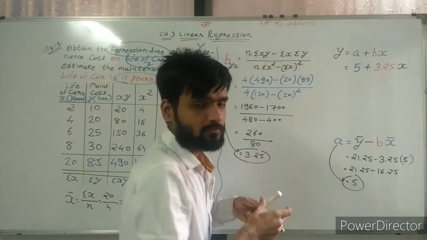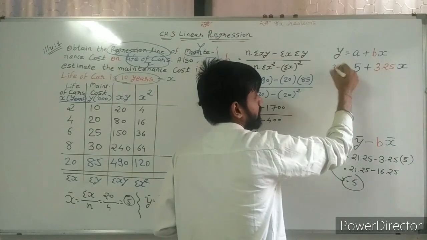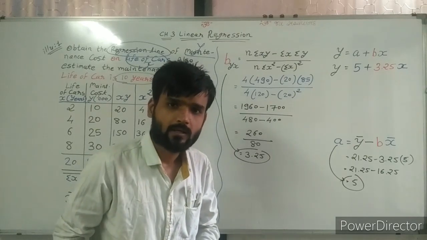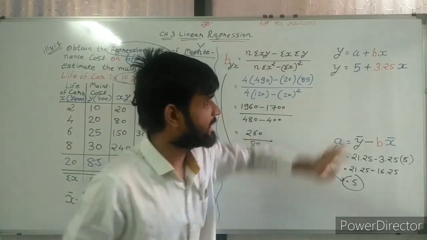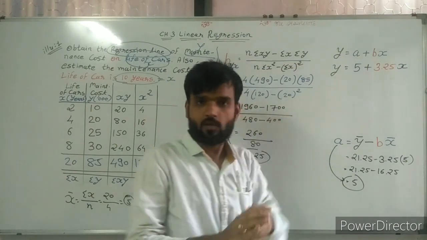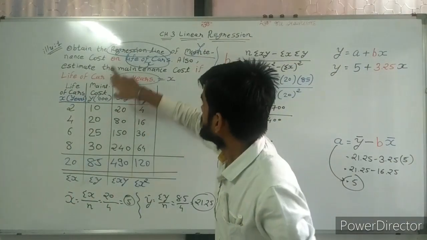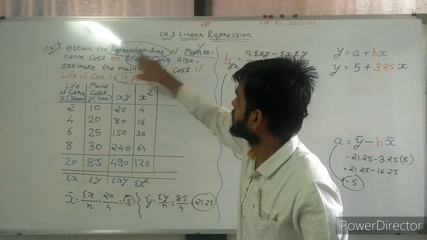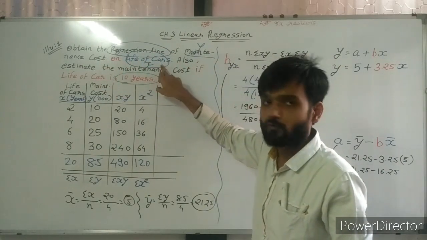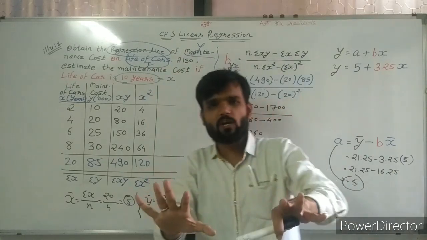Now this becomes my regression line. The regression line is Y is equal to 5 plus 3.25x. First question clear. The regression line of maintenance cost on life of cars, Y on X, that we have found.